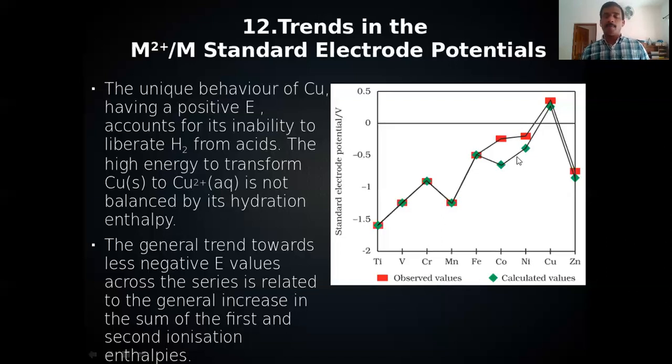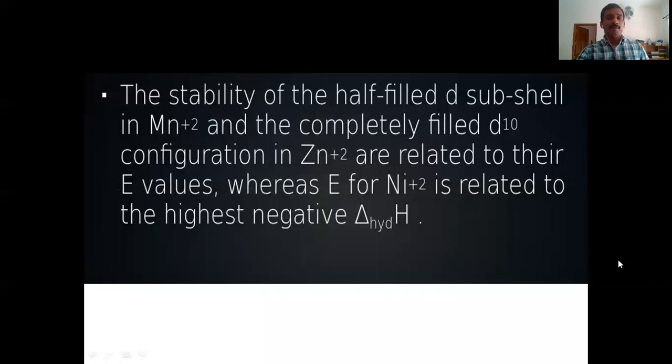Again, in the t2g, if all the orbitals are paired, then the total number of electrons will be 8, d8. That is also a stable configuration, and due to that it is showing a decrease in its electrode potential, or a comparatively larger negative value. In the case of zinc, all of you know, d10 configuration is highly stable. So it has no tendency to change to Zn.